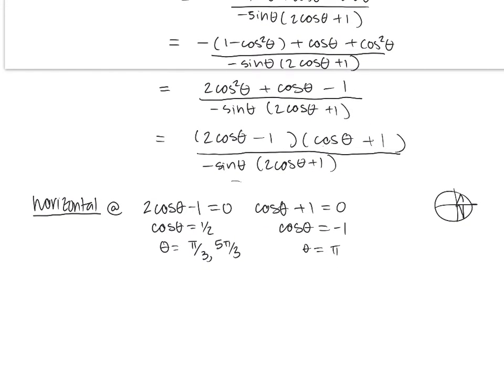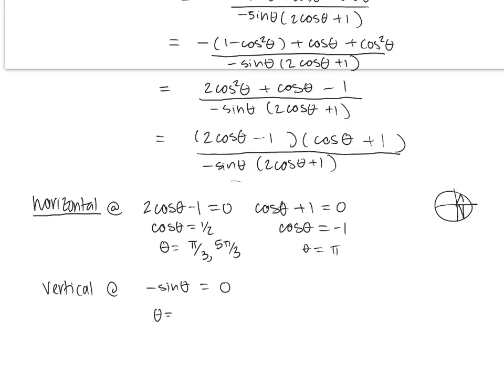Okay, how about vertical? Negative sine, oops, sorry. You're vertical when negative sine theta is 0. That actually corresponds to 2 points in 0 to 2 pi, doesn't it? Yeah.